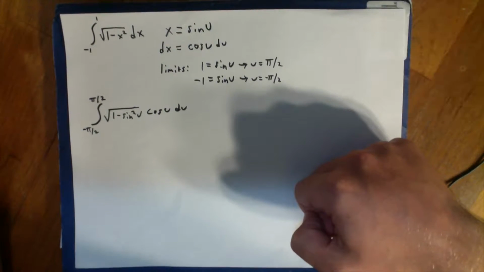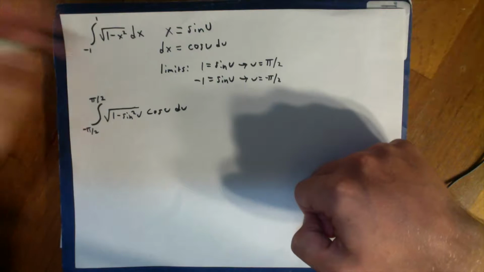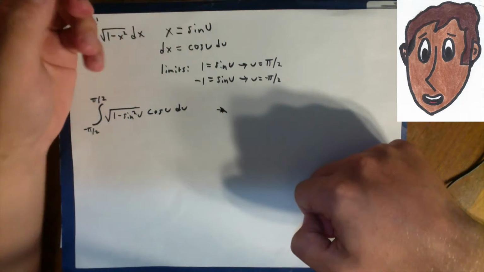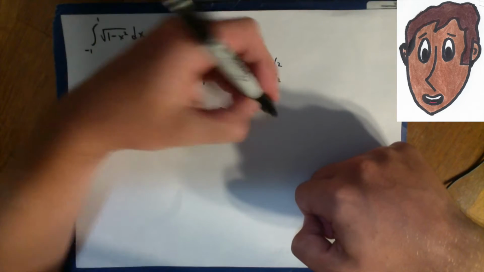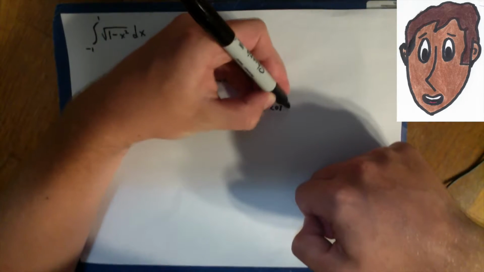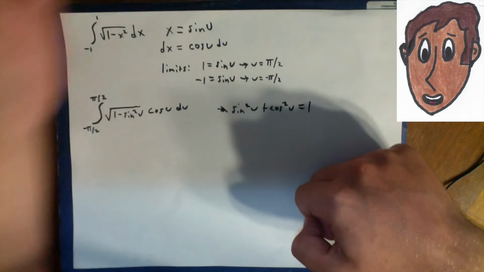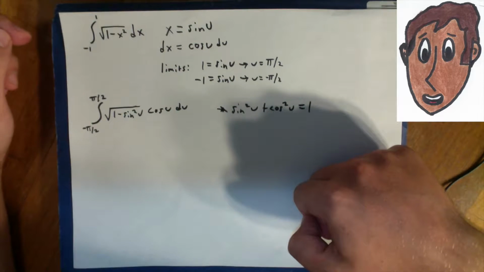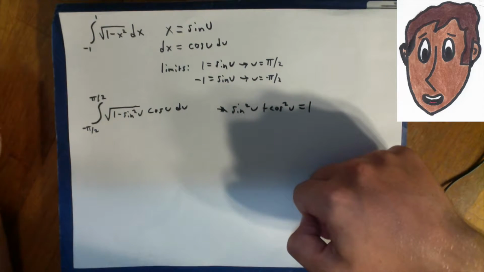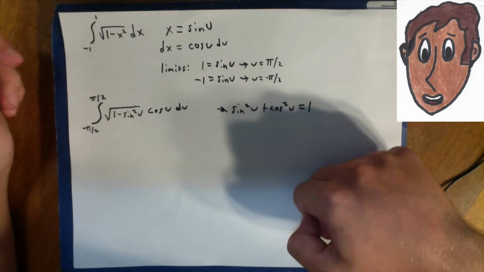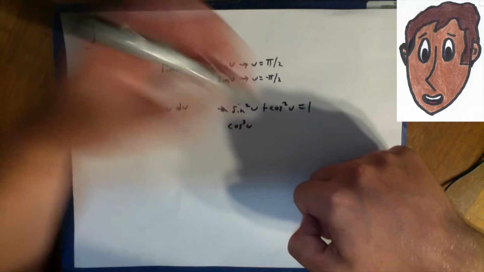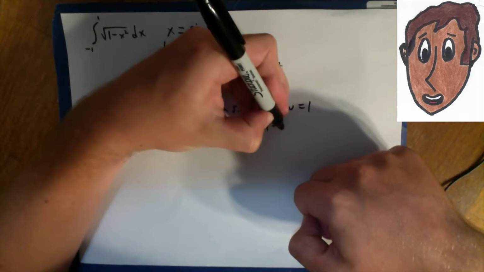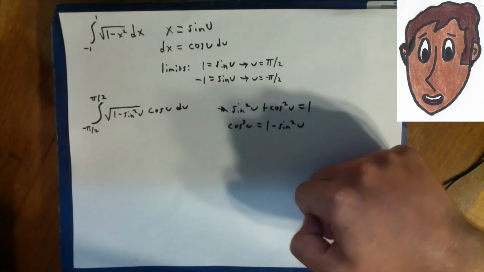Now you're thinking, well, gee, that's even more complicated than it used to be. Well, hold on a minute. We have a pretty simple trig identity: sine squared u plus cosine squared u is equal to 1. That's just simple trig identities. So cosine squared u is equal to 1 minus sine squared u.